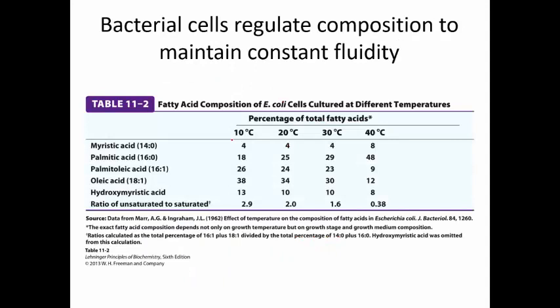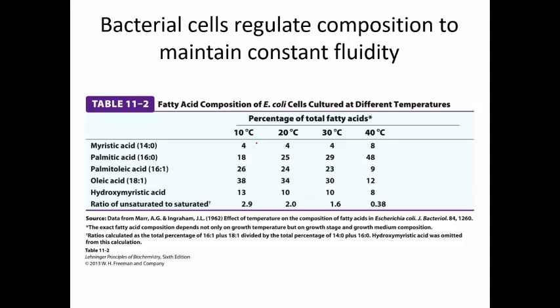So bacteria cells use this ability to swap in and out their lipids to maintain a constant fluidity, a constant structure between those liquid ordered and liquid disordered states, even in a wide range of temperatures. What we see is that at low temperatures, where it has a tendency to be more liquid ordered, we will see fatty acids that tend to make it more disordered.